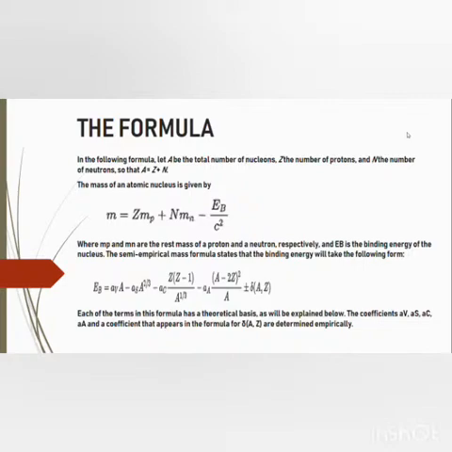Each of the terms in this formula has a theoretical basis, as will be explained below. The coefficients aV, aS, aC, aA, and a coefficient that appears in the formula for δ(A,Z) are determined empirically.